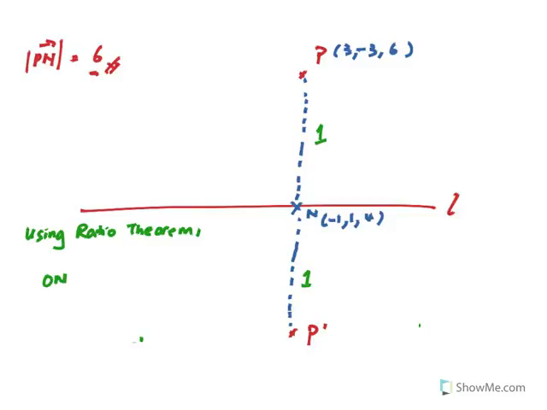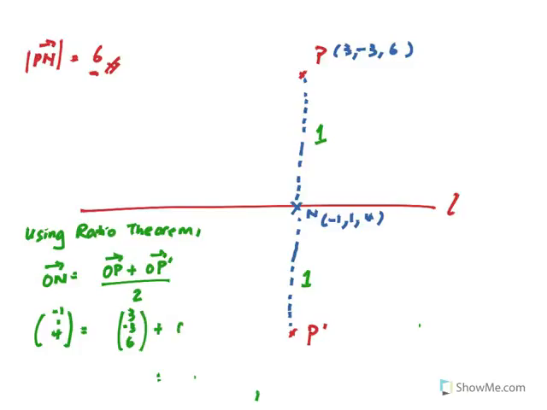remember that ON is equal to OP plus OP prime, divided by 2. So ON, which is negative 1, 1, 4, is equal to OP, which is 3, negative 3, 6, plus OP prime, over 2.